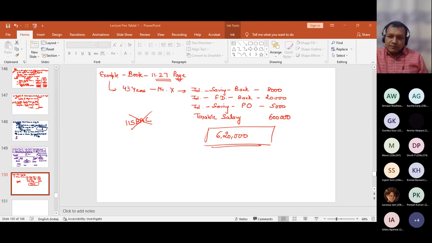So will we not include the interest income from savings account bank in gross total income? No, no. There are two saving accounts. Saving account with a bank and saving account with a post office. So your question is for both the saving accounts or for only post office? So for both of them.